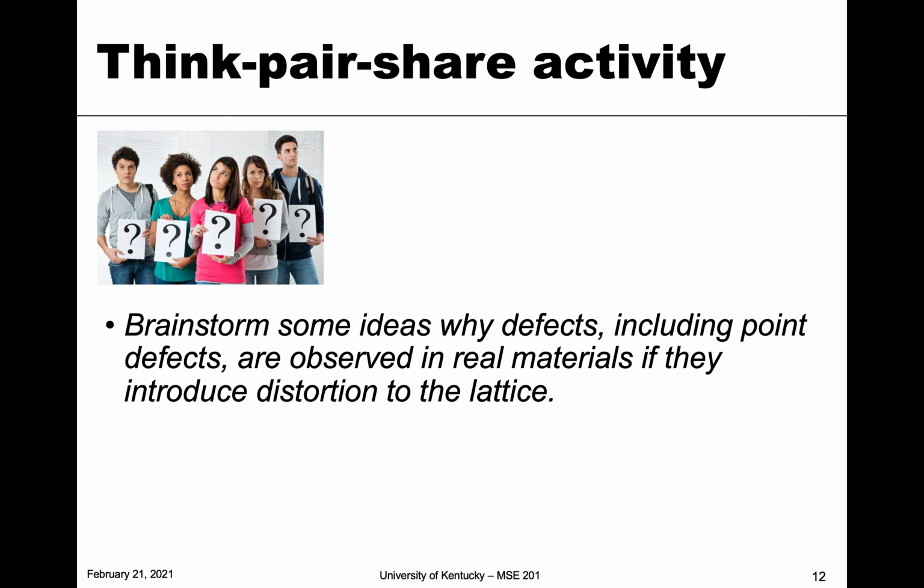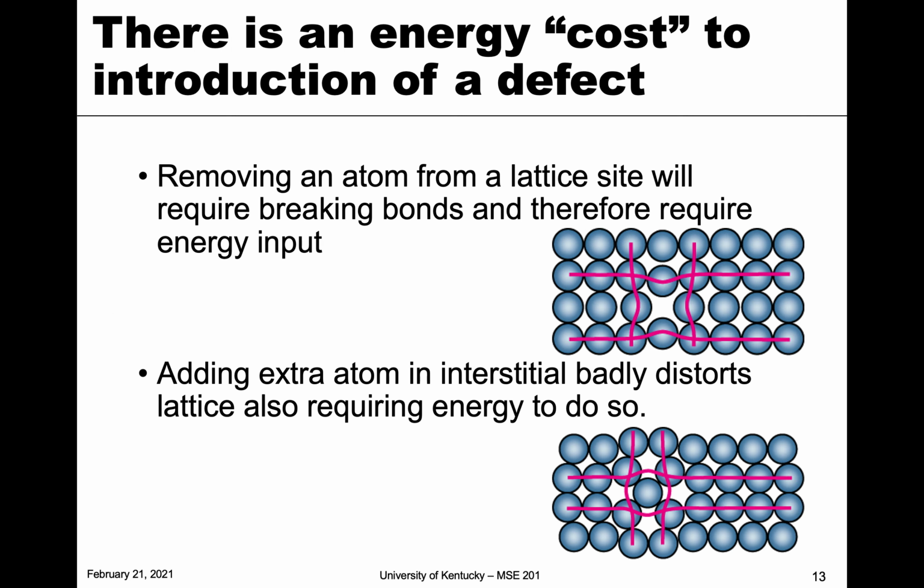Okay, so let's take a look at these ideas. Hopefully you've come up with some interesting ideas of why this occurs. And if you've come through the curriculum, maybe if you're a chemical engineering student and you've had a few more classes than the others, you might have a better idea of why this is. But it all comes back to that term thermodynamics.